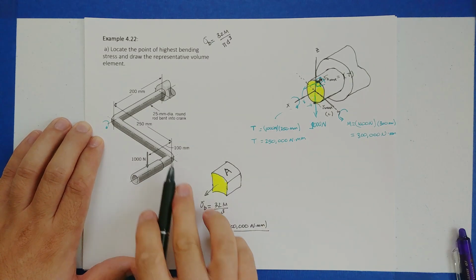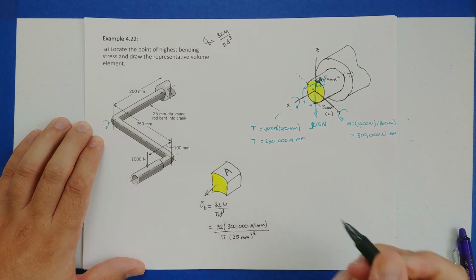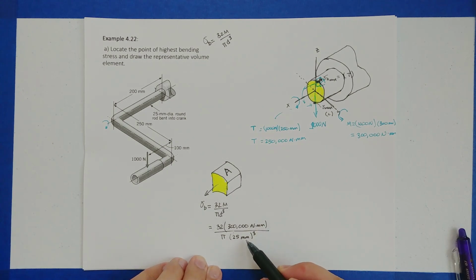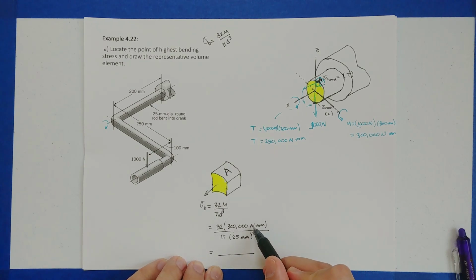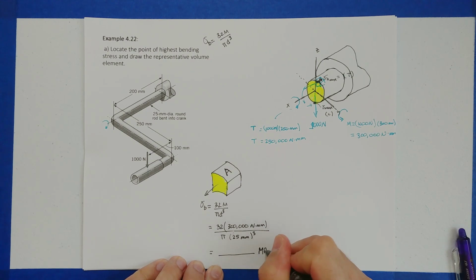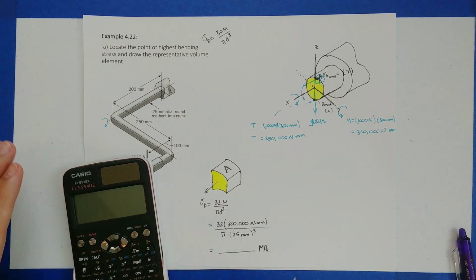The diameter for the rod in this case is 25 millimeters cubed. We can look at the units already: millimeters in the top and millimeters cubed at the bottom, so we're going to cancel one of those. Whatever comes out of this formula is going to have units of newtons per millimeter squared, which is the same thing as a megapascal.